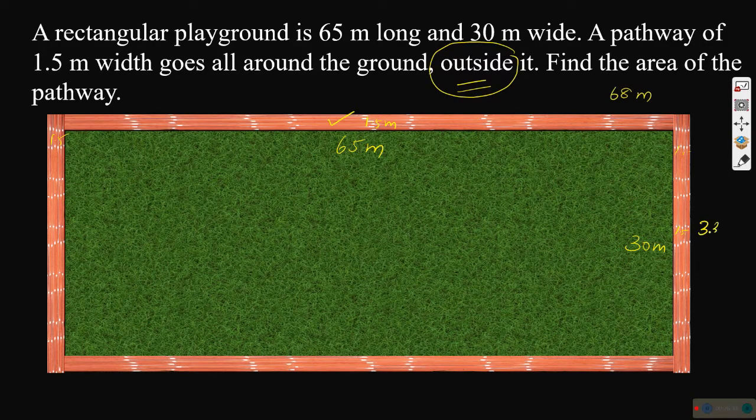This much only I will explain to you, because the rest of the things you know. So you have the garden size before making the pathway and after making the pathway. The question is the area of the pathway. You will find the difference, and the difference will give you the area of the pathway. So my dear students, you will do it yourself.